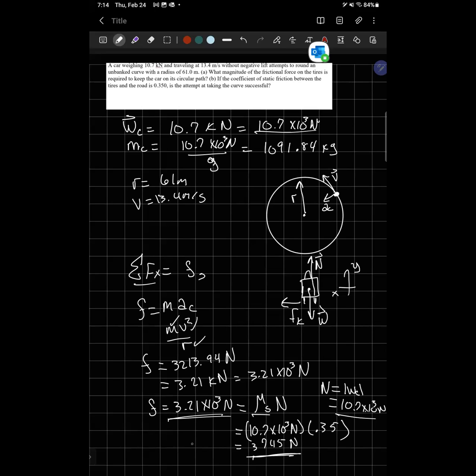Yeah, 3.21 times 10 to the third. Are those the same number? No, they're not. Okay. Is the number that we calculated greater than or less than?